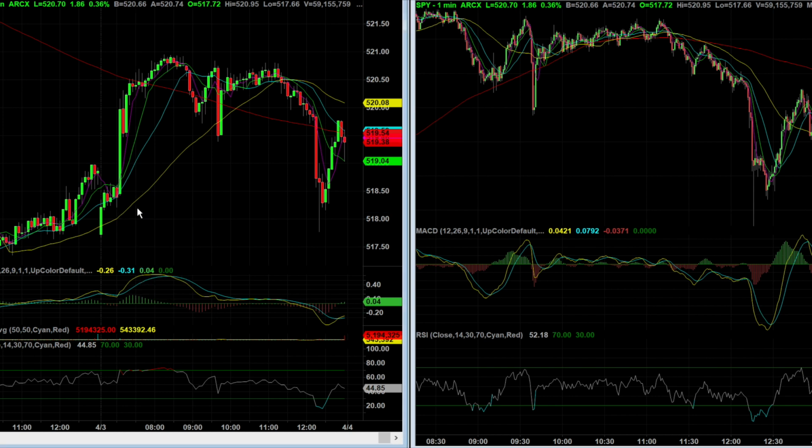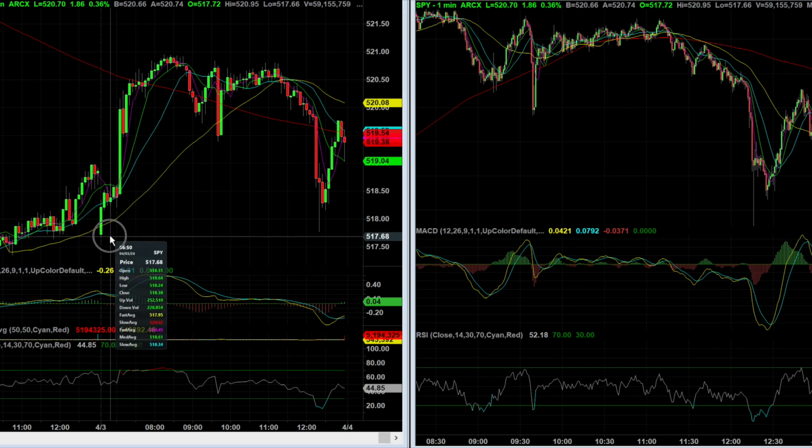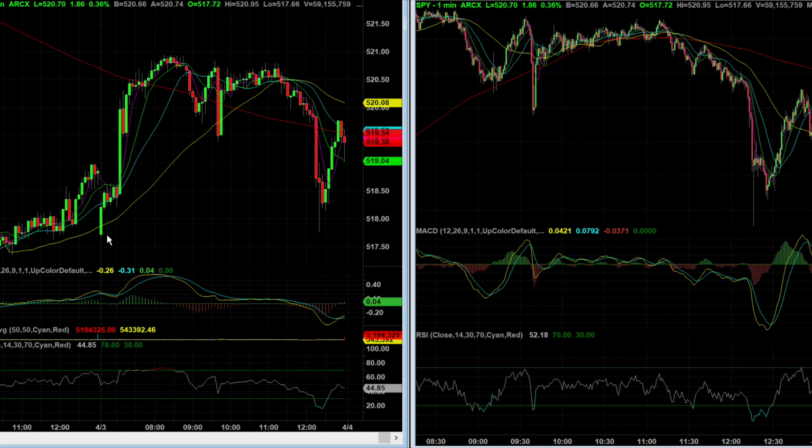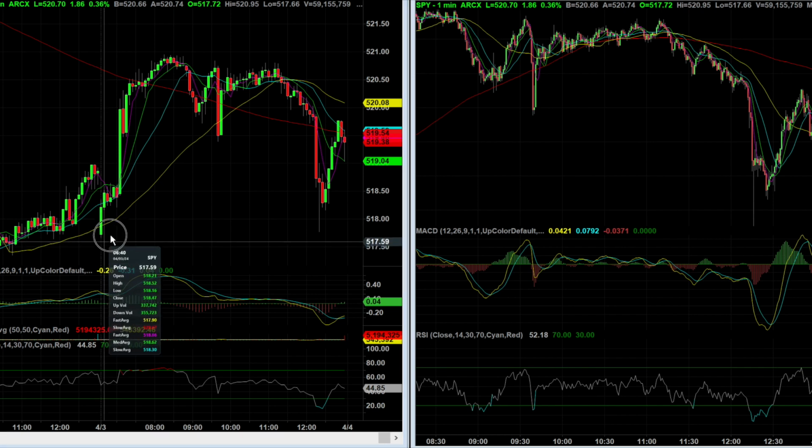Initial balance. So look at the first, depends on your preference. You can use 5 minutes or 15 minutes or even smaller time frame. I prefer to use 5 minute time frame for initial balance strategy. You're looking at the SPY 5-minute chart. The first 5 minutes when it's open, right here.